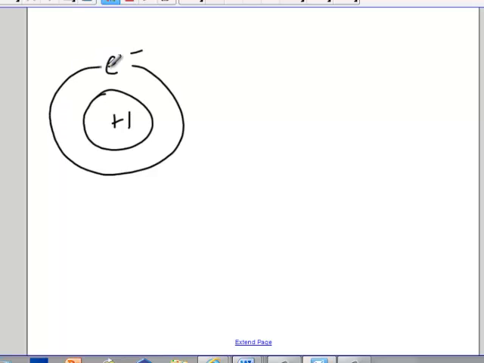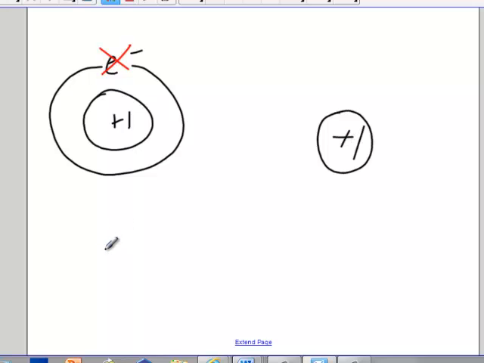Now think about this for a minute. If you have an atom that has one proton and one electron, and that electron gets lost, all you have left is that one proton. You have a positively charged ion, and it's got a charge of +1.